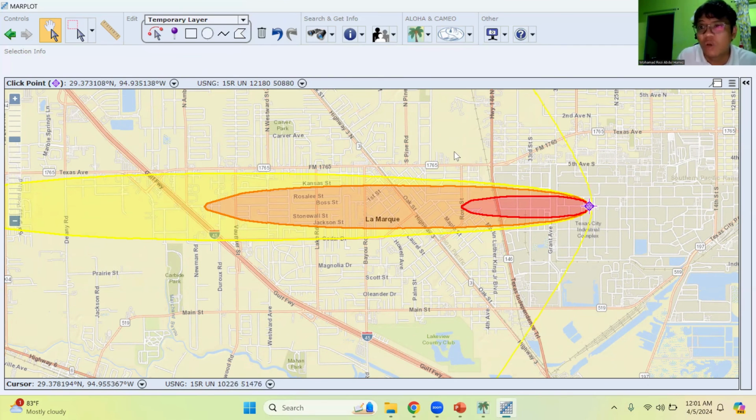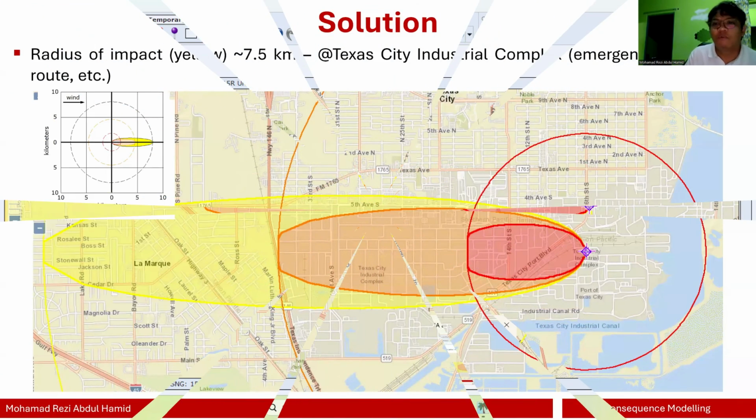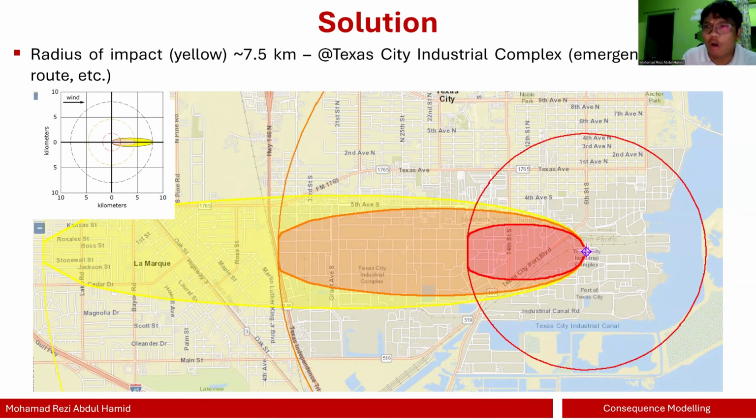So let's go back to our slides to conclude. All right, everyone, as you can see, this is basically a print screen of whatever we did earlier. This one I did a couple of days ago, so the location is not really the same, but you get my intention, right? The one on your top left here is basically the map coming from ALOHA itself.